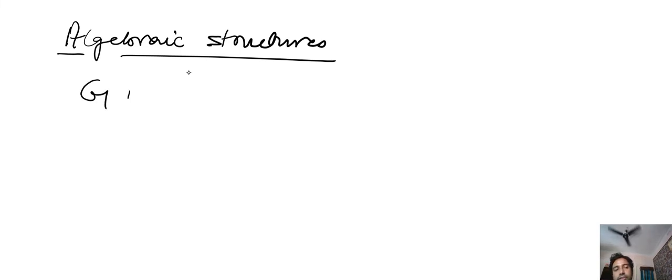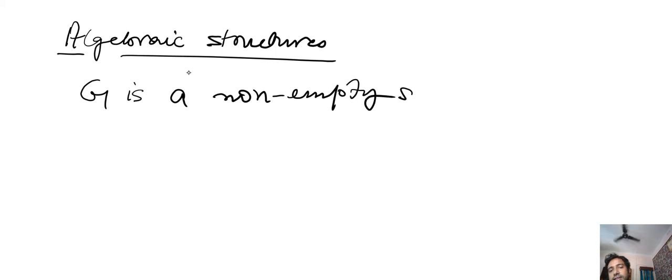G is a non-empty set, so G is not equal to the null set.